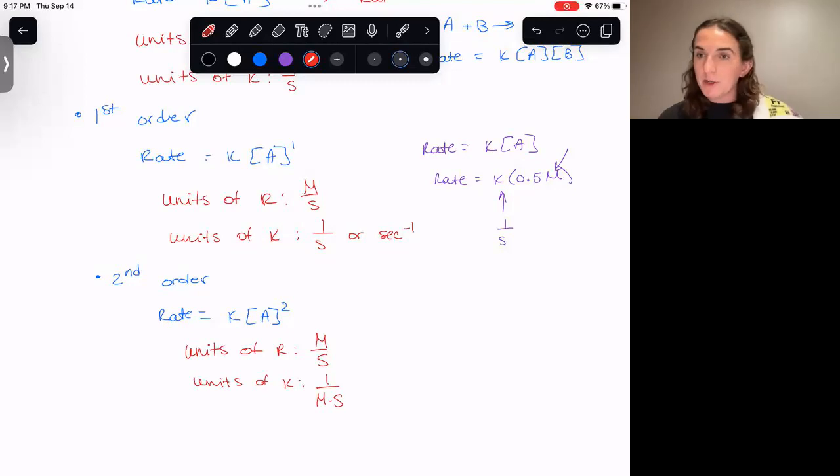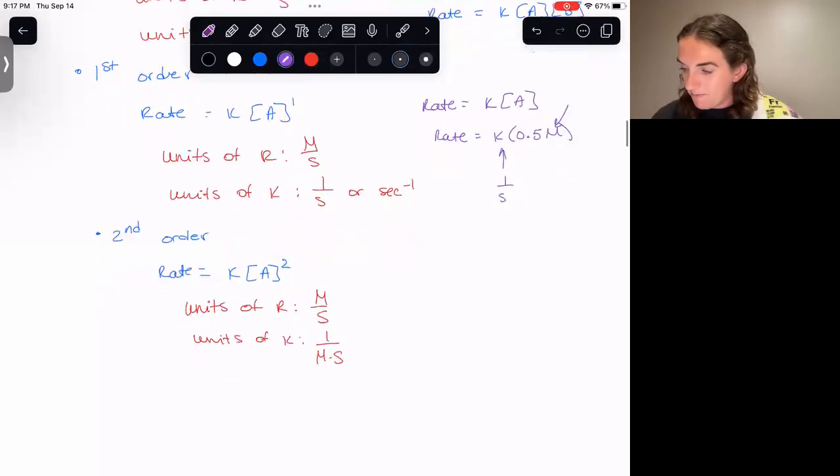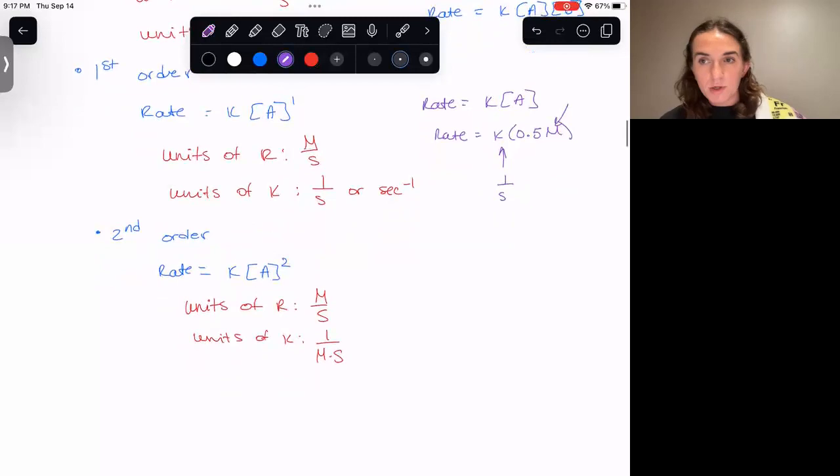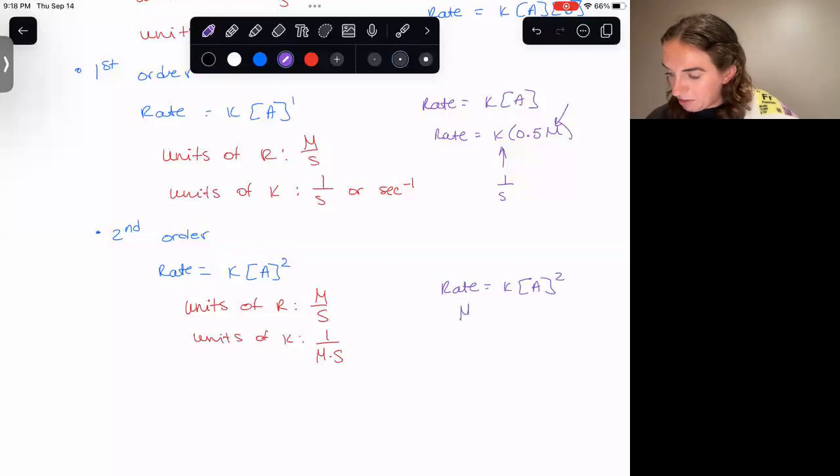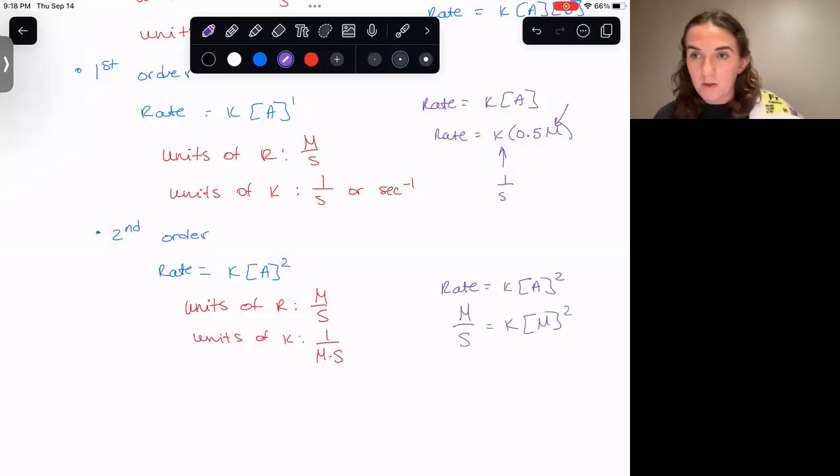If we were to plug this in as a math problem, we have rate is equal to k times A squared. We know we're going to have some sort of concentration for A. We want rate to be in molarity over second. We don't know what k is in terms of its units, and we know that this will be molarity squared.